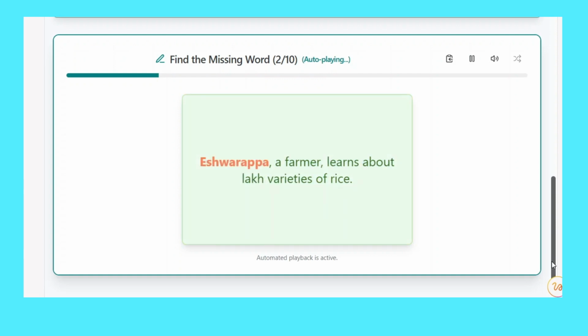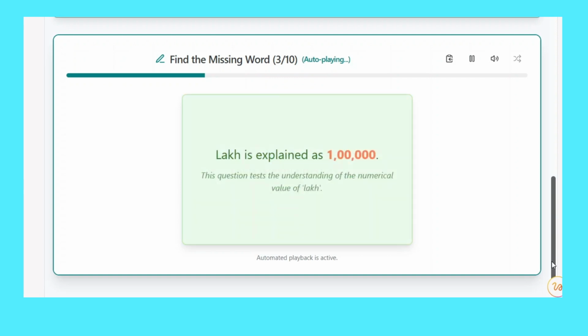Eshwarappa. Lakh is explained as dash. 1, 0, 0, 0, 0, 0. Explanation. This question tests the understanding of the numerical value of lakh.